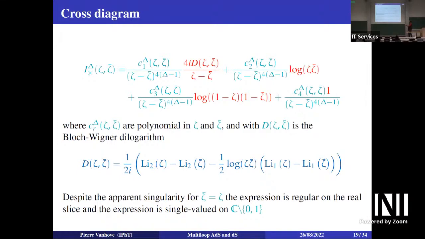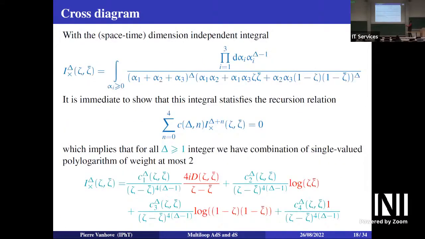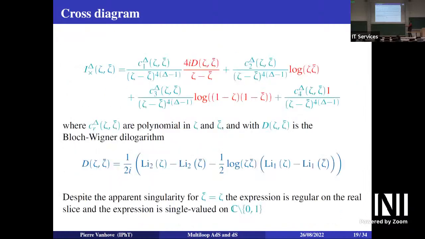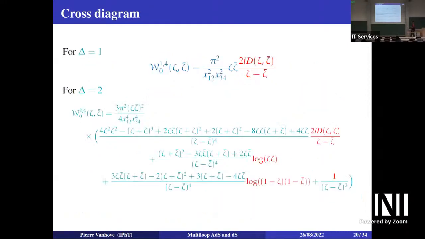There is no singularity on the real line because this one has a zero. And actually, if you compute all the values for delta equal 1, delta equal 2, etc., up to delta equal 4, then you can solve the recursion relation and obtain that for any integer delta, you have an expansion where the coefficients are well known rational functions, polynomials in zeta and zeta bar. And this is a single valued expression.